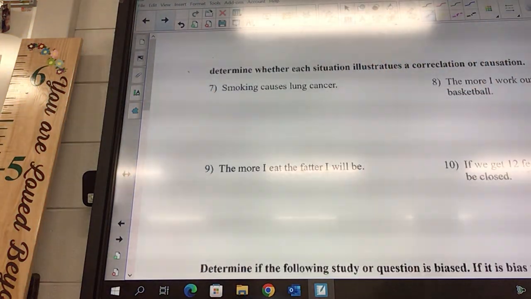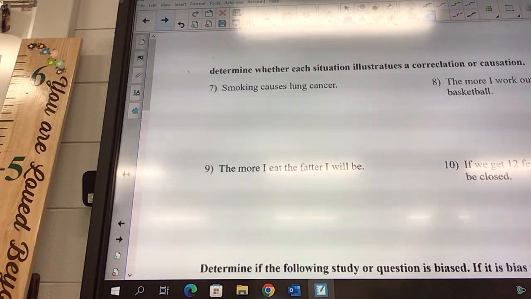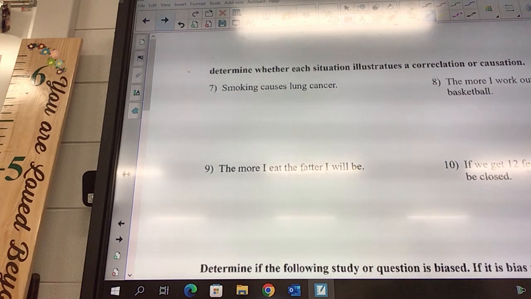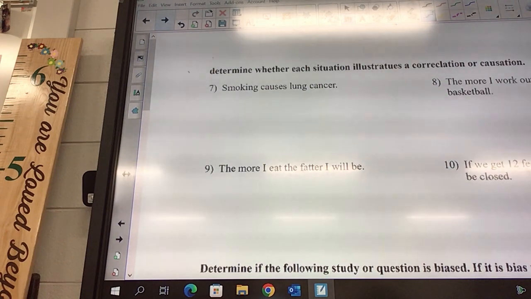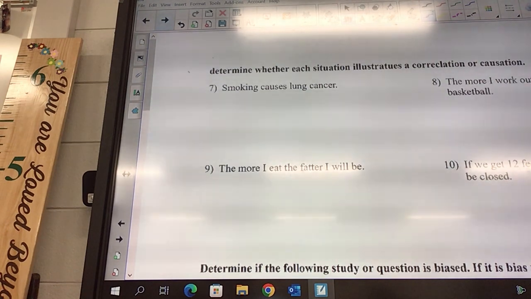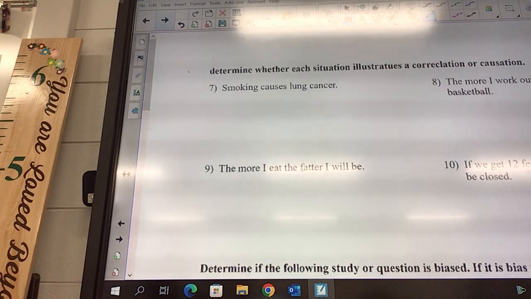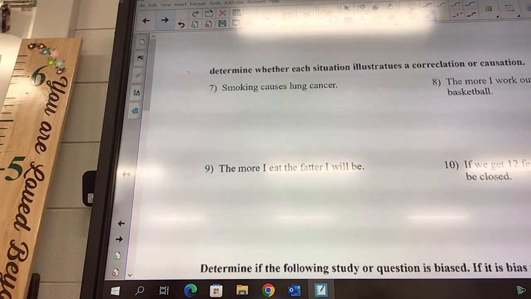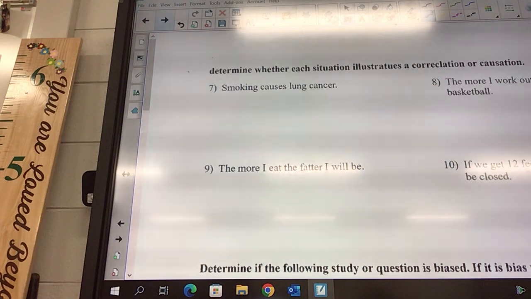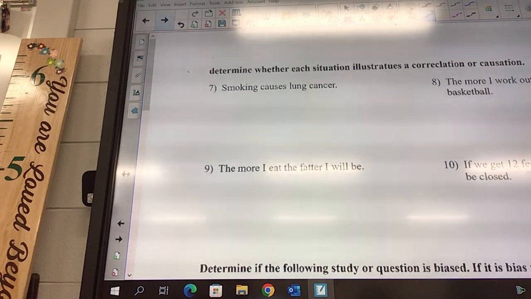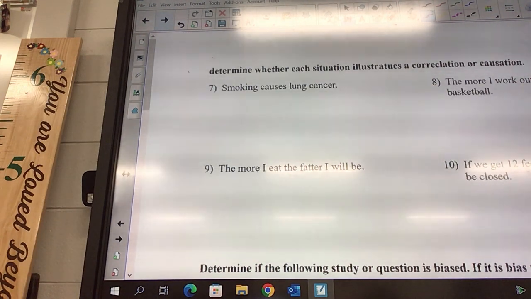Okay, the next section on here is about correlation or causation. What is causation? One is directly being affected by the other. However, it means it's guaranteed to happen to everyone.